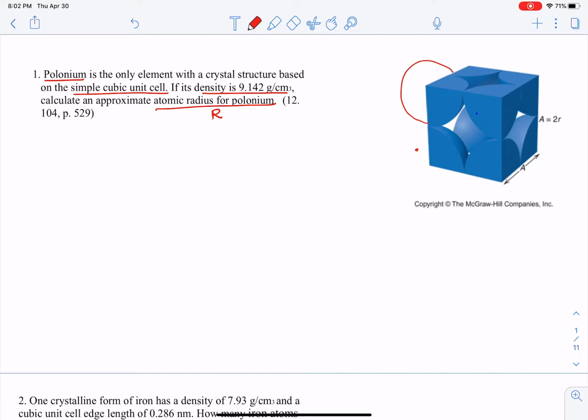If we count the atoms inside a simple cubic unit cell, there are 8 corners, and on each corner we have 1/8 part of a full atom. So the resultant is 1 atom per unit cell. This is for the simple cubic unit cell.